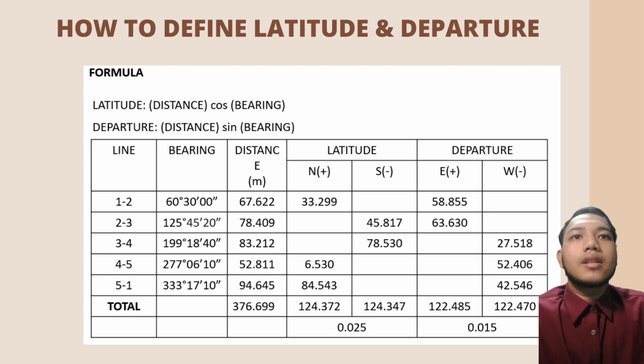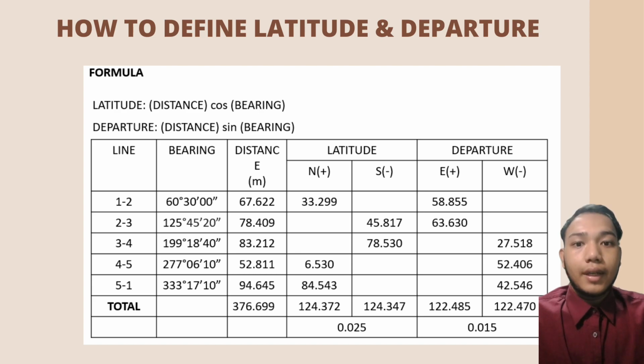Okay, for departure, positive 122.485 minus the negative 122.470, and we got the total 0.015.